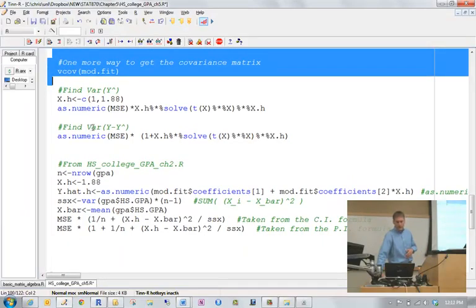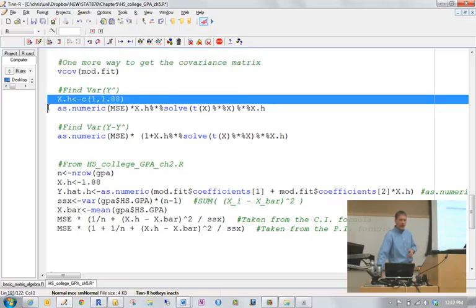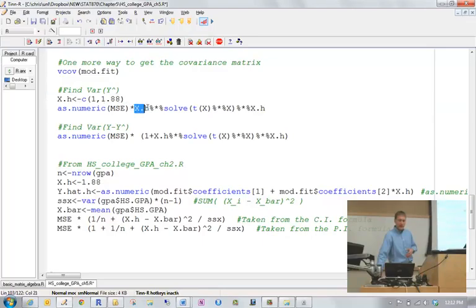Then what you could do is use the corresponding formulas that we have just seen. Let's say I want to find a confidence interval when x is equal to 1.88. So I create my x.h vector, and then I have MSE here, my x.h multiplied by (X'X)^-1, x.h again.